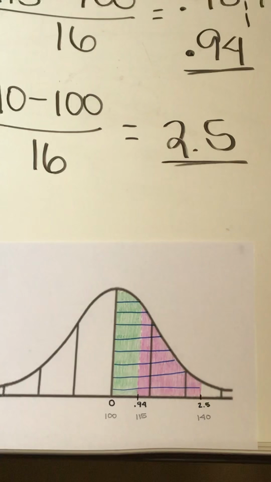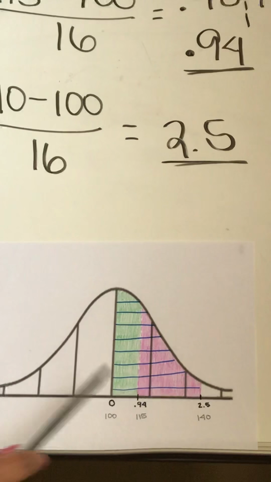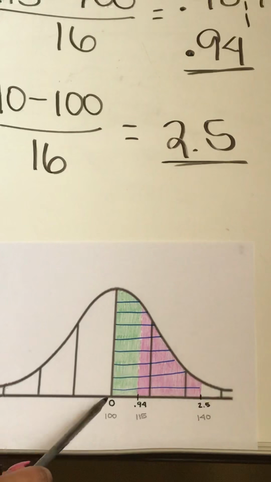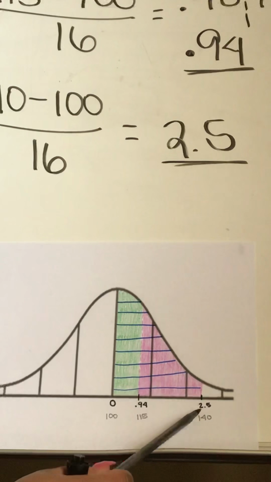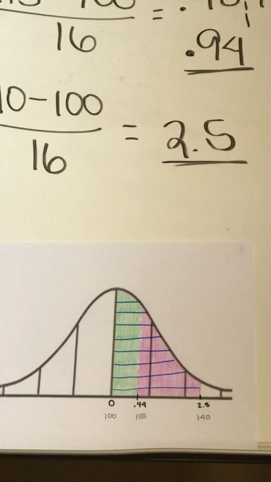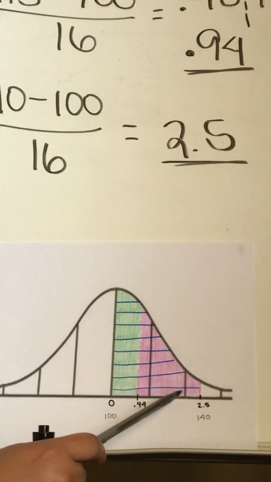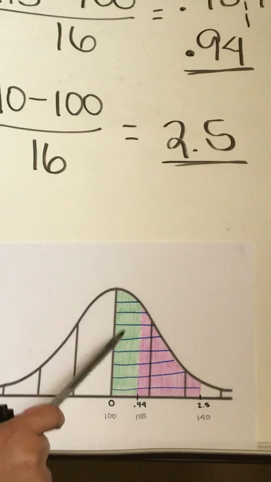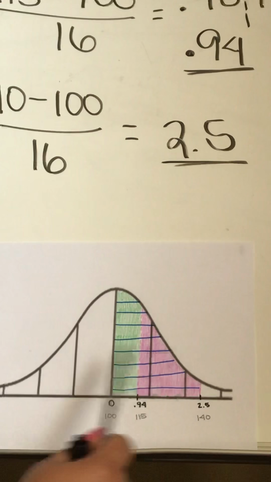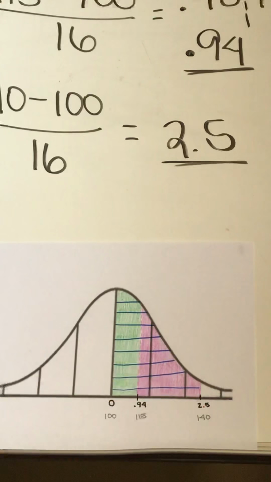So I can go on my chart and find that green piece. That would be the mean and z measurement for 0.94. However, I don't need it though. I can go find between mean and z of 2.5, but that measurement is going to include what I need and what I don't need. That's what the blue line going across represents.